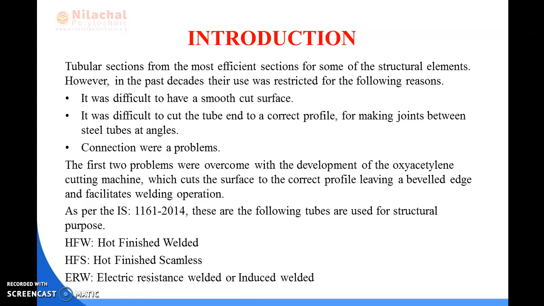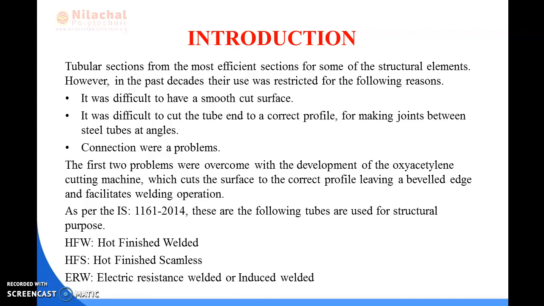The first reason is it was difficult to have a smooth cut surface. That means whenever you cut to provide the tubular section according to the design purpose, the surface was not very smooth, which is a big reason for the restriction.